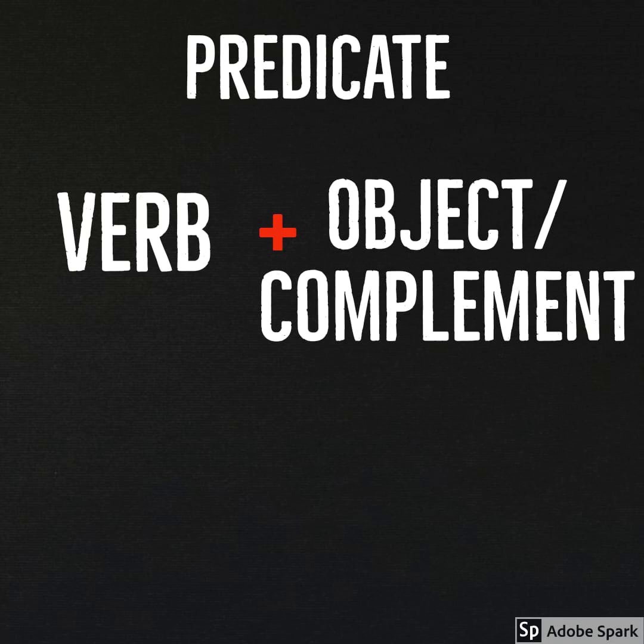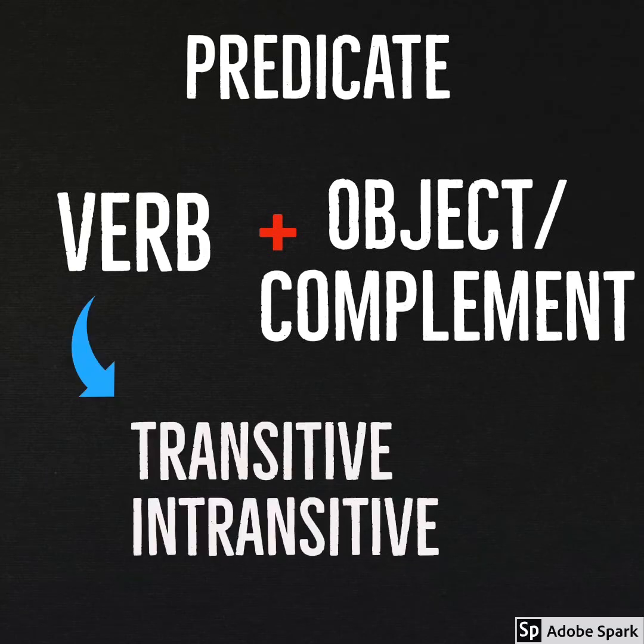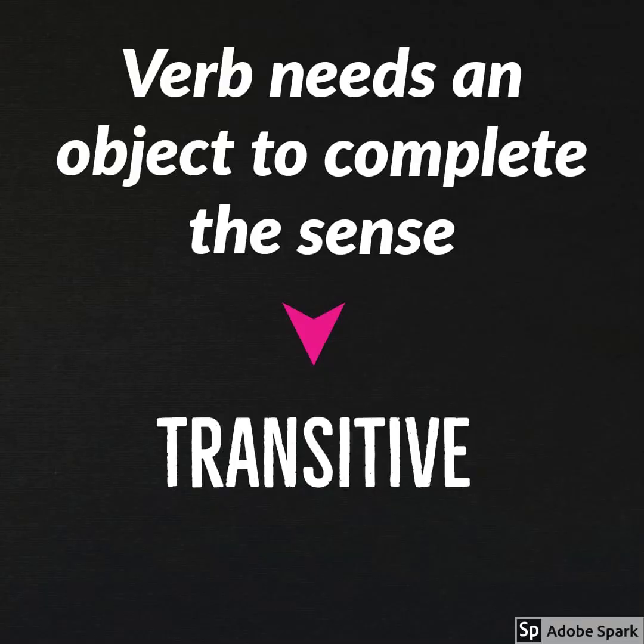We then discussed transitive and intransitive verbs. In a sentence, if the verb needs an object to complete its sense, then it is said to be transitive. Or in a sentence, if the action is received by something or someone, then the verb is said to be transitive.